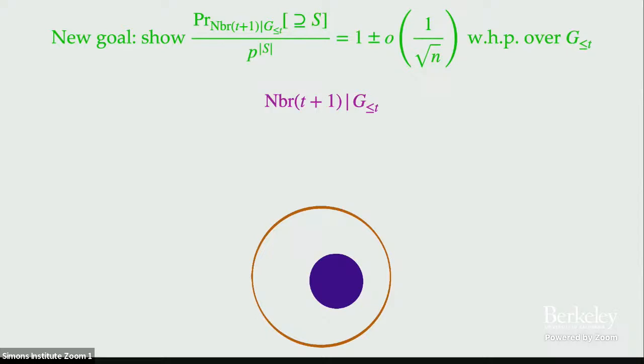Here I make the relaxation and just look at the probability that the neighborhood contains a subset S. It suffices to get the same ratio for this containment relationship. I will not say why, but it's a bit more complicated than just inclusion-exclusion.